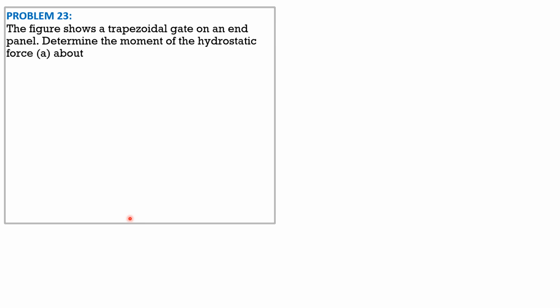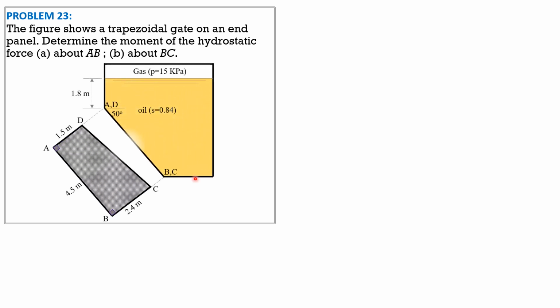Problem 23: the figure shows a trapezoidal gate on an end panel. Determine the moment of the hydrostatic force, part A about AB and part B about BC. So here is the given figure, and we have a gate which is trapezoidal, so a composite area. We have to divide this into two parts, rectangular and triangular, as shown.